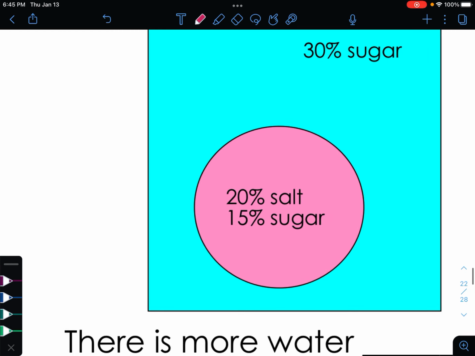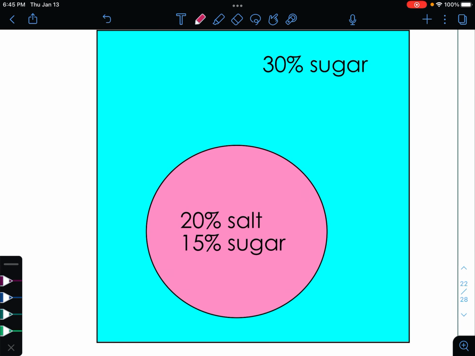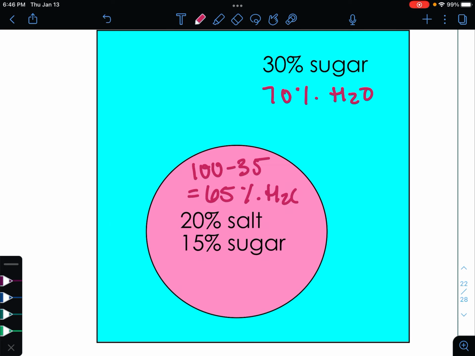All right, last example. 30% sugar. If I subtract 100 minus 30, I have 70% water. And then inside my cell, I have salt and sugar. So my combined amount of solute would be 35%. So 100 minus 35 would give me 65% water.